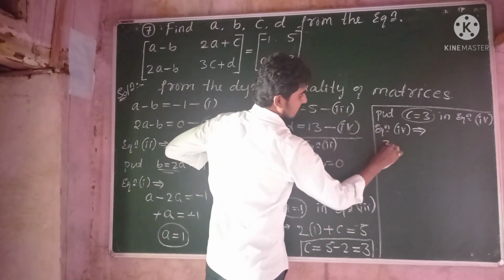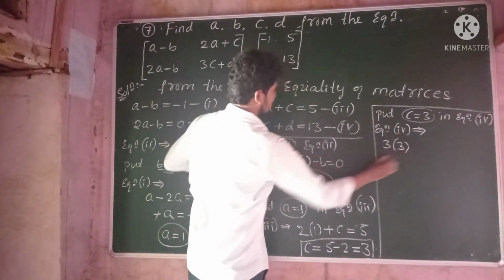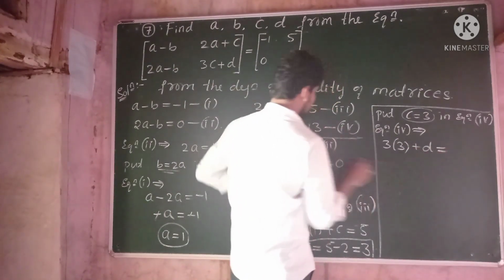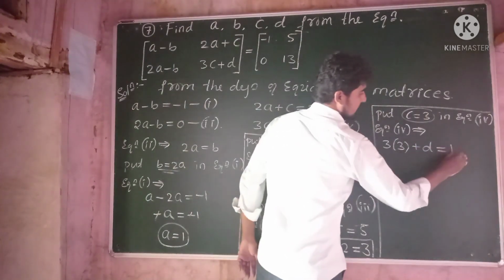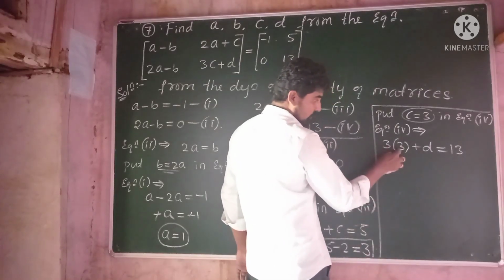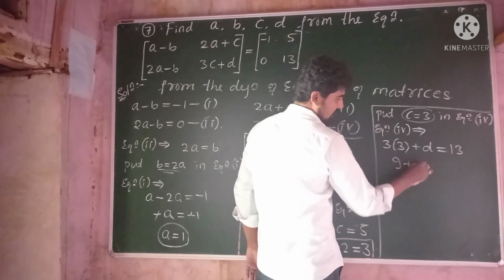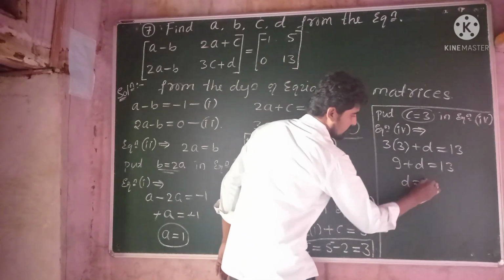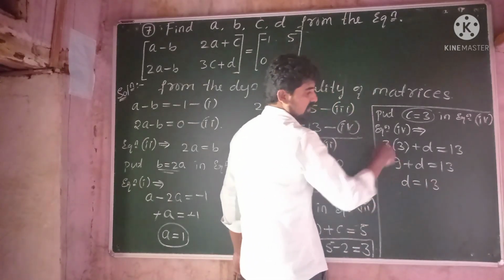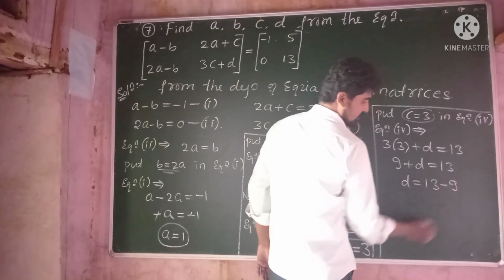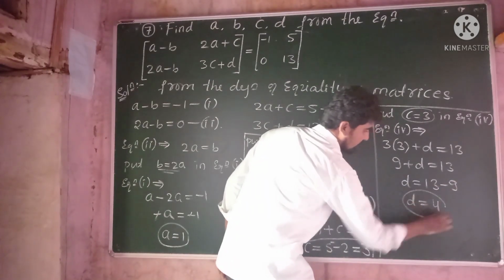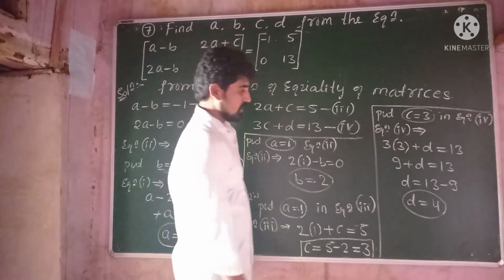The value of C is 3. 3 into 3 plus D is equal to 13. So 3 into 3, 9 plus D is equal to 13. Therefore D is equal to 13 minus 9. Hence the value of D is equal to 13 minus 9 is 4. I hope all of you understand it.